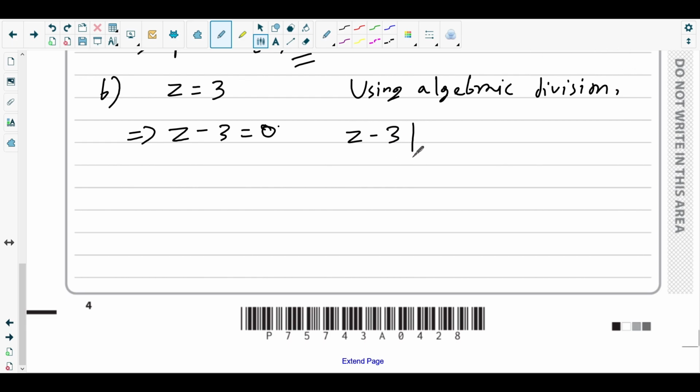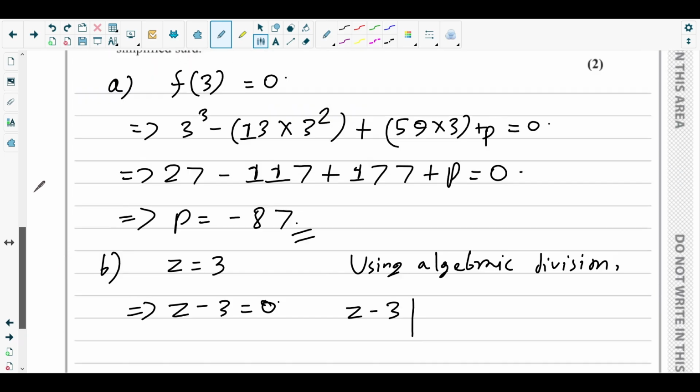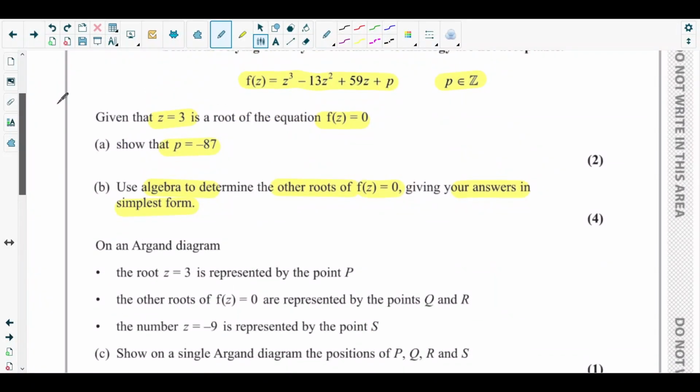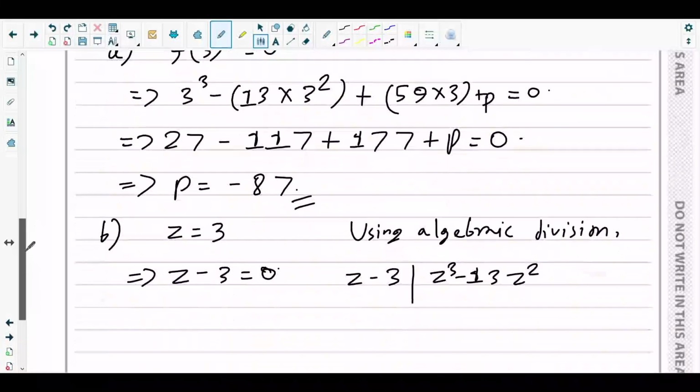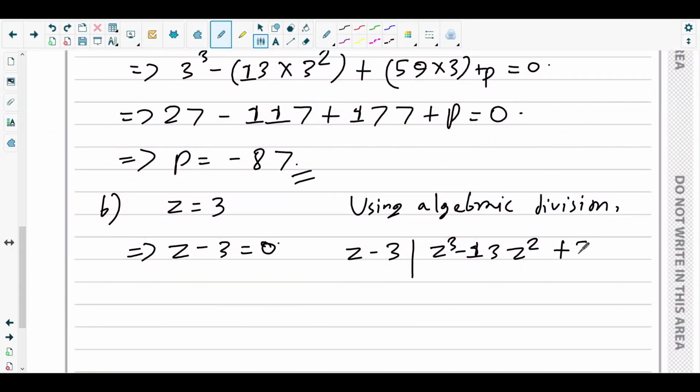The expression is z cubed minus 13z squared plus 59z minus 87.